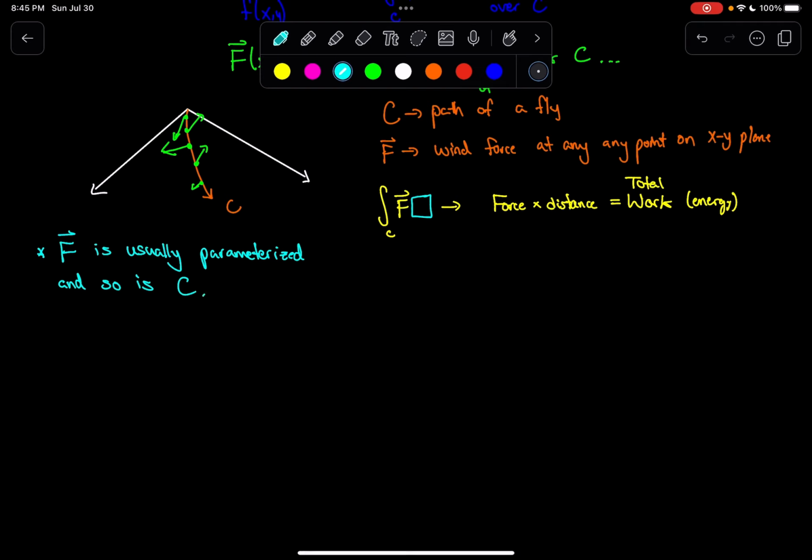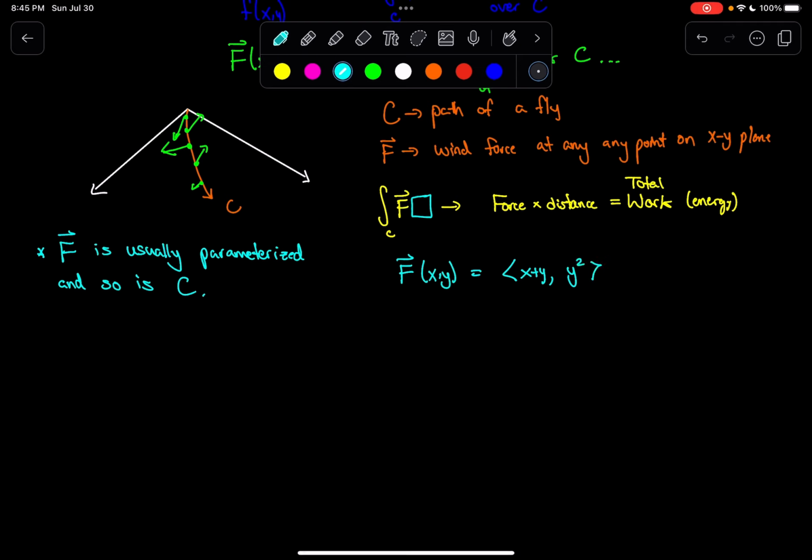If you paid close attention to the video I released about vector fields, a basic 2D vector field might just look like this. Maybe it gives us x plus y, and the second component is just y squared. That's a vector field.